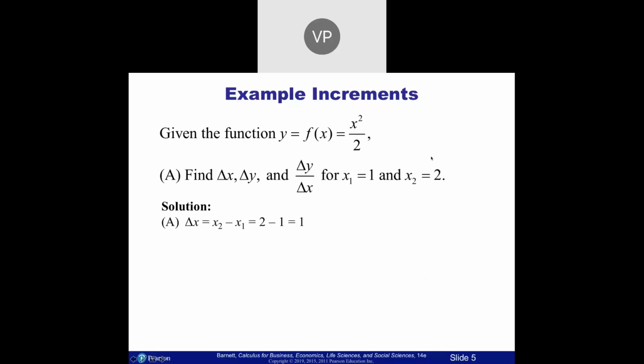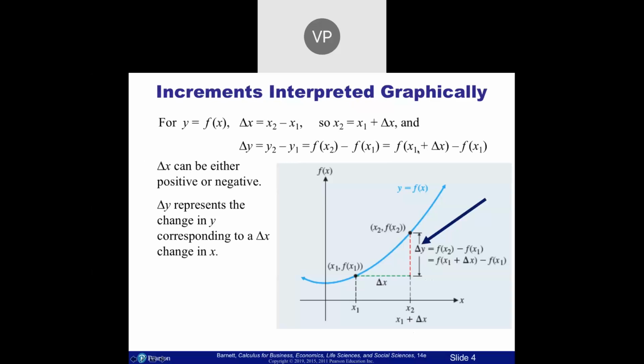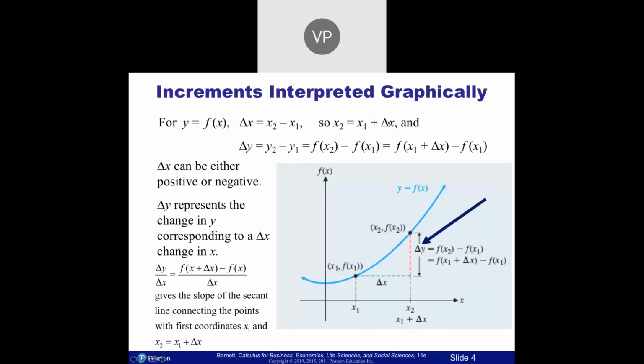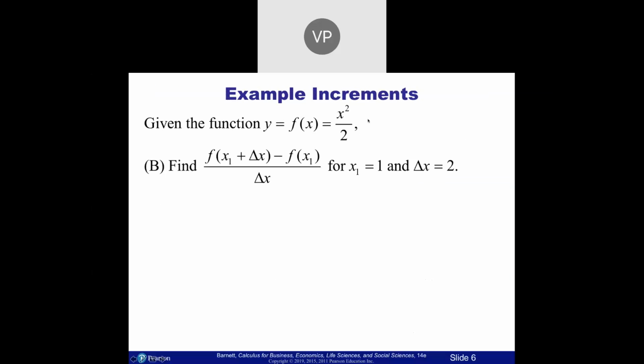Remember, go back a couple slides, right? Your second x value is basically the first x value plus that delta x, that gap, that change. So right here, this f of x1 plus delta x is f of x2 minus f of x1, and then we have a delta x in the bottom.